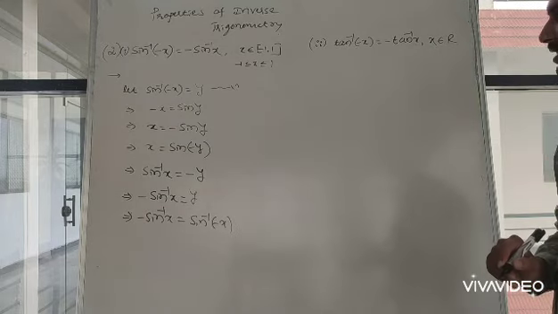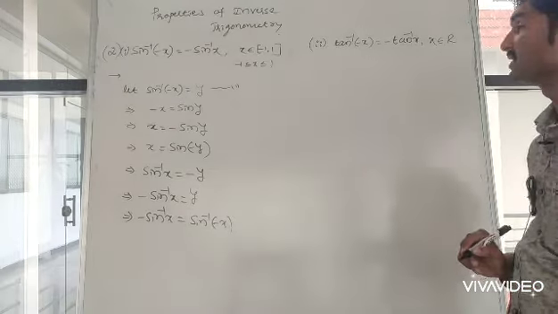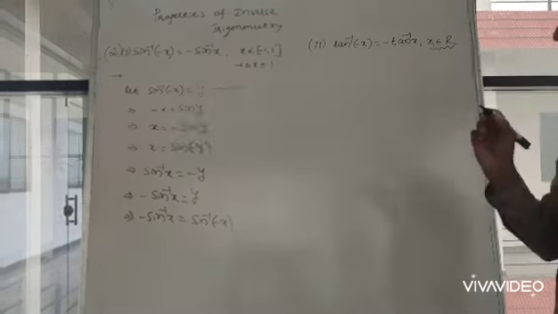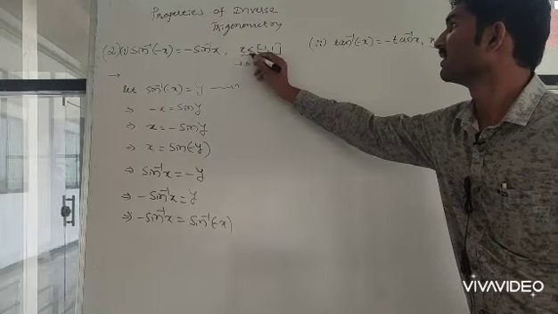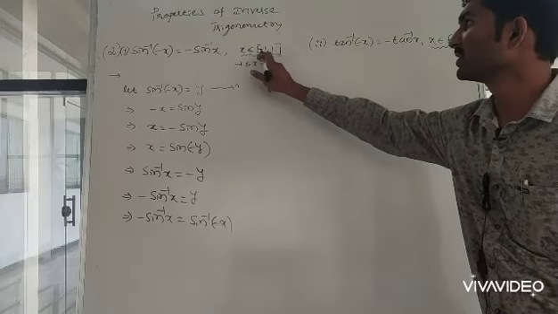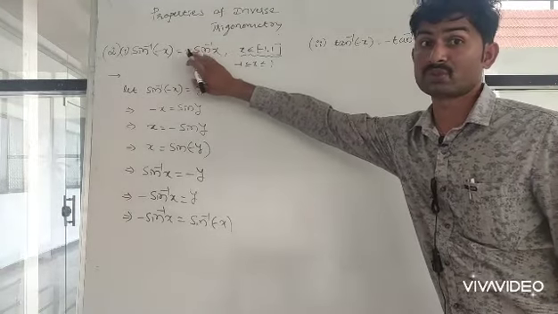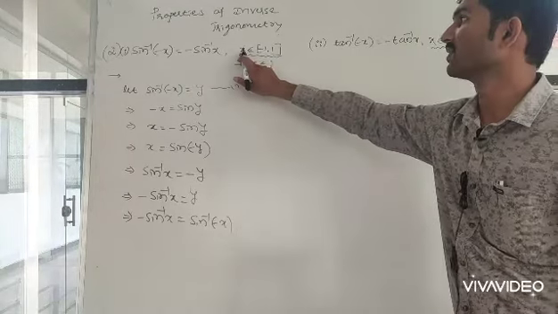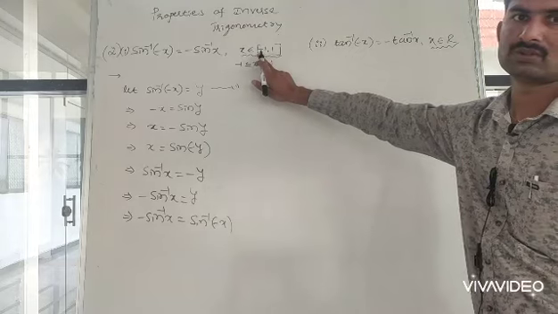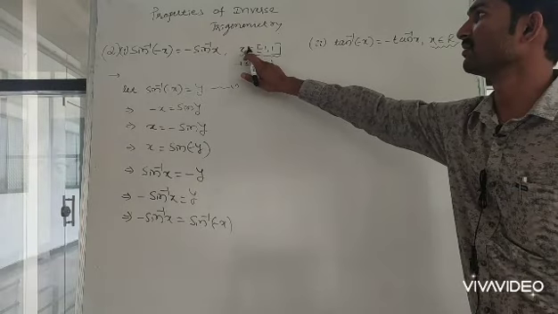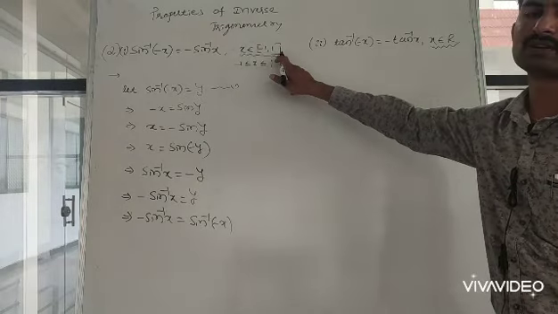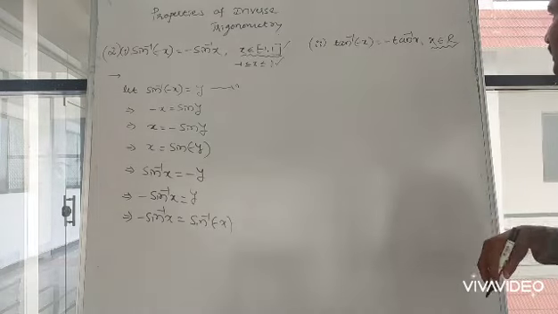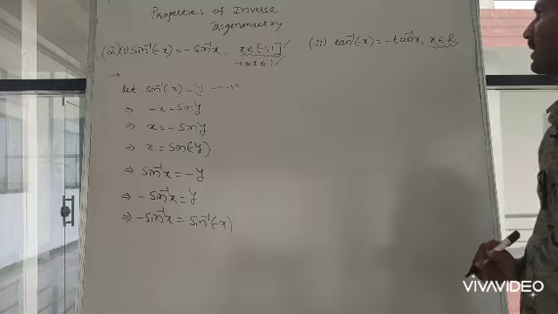That is the set of real numbers, x belongs to R. This is also very important. You should remember for which value of x this property holds good. They will ask for 1 mark, right? So at that time we need to write that x value. For what value of x they ask, we need to write x belongs to R. Either you write like this or else you write like this. Both are correct.